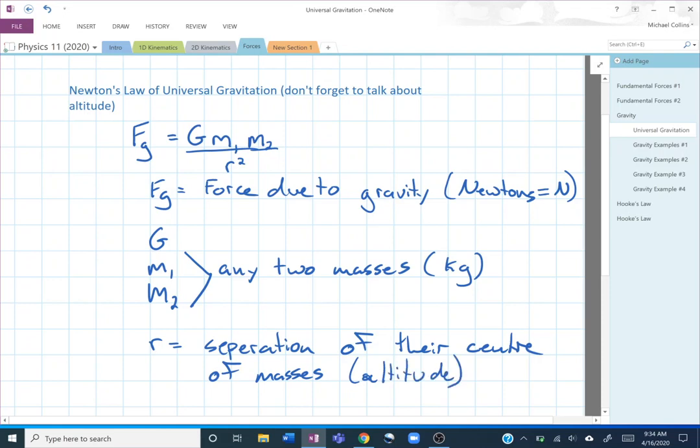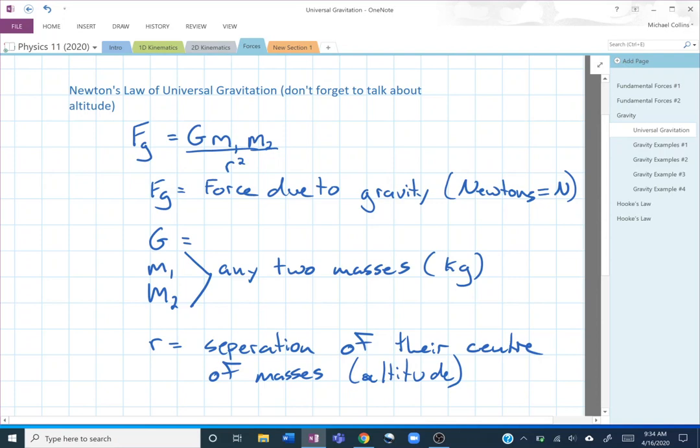Human beings are relatively small. Our center of mass is right around our belly button. But when we start to talk about planets, they're huge. And then we have to talk about whether that distance from their center of mass, which is at the dead center, to the outside where things might actually be, is an important conversation to have.